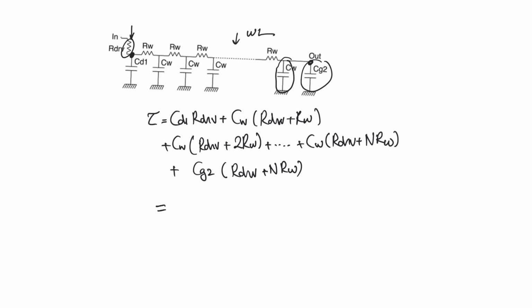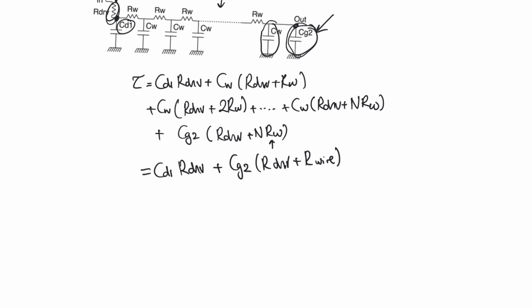So we have CD1 into R drive, and we have CG2, that's this gate capacitance, into R drive plus NRW. NRW is obviously R wire, so we can say plus R wire. So you can see that for these first two terms, you have this capacitance being driven just by the driver, and the gate capacitance being driven by the driver and by the entire resistance of the entire wire.